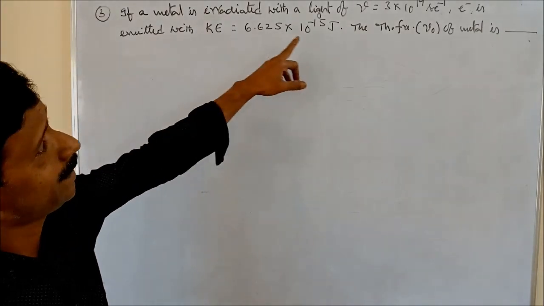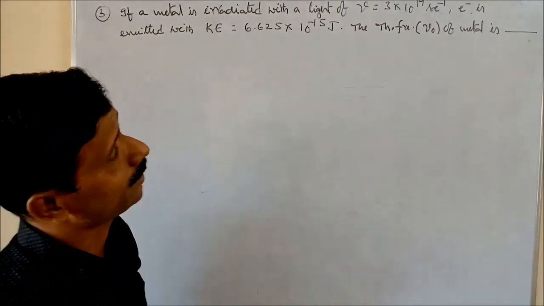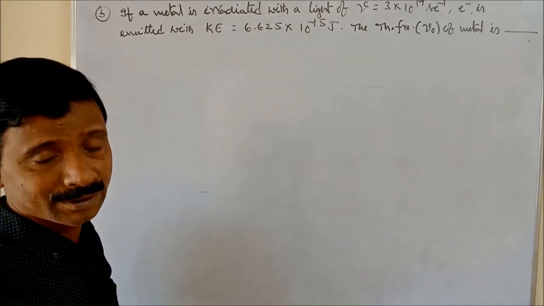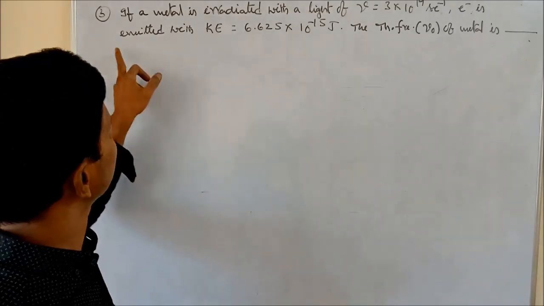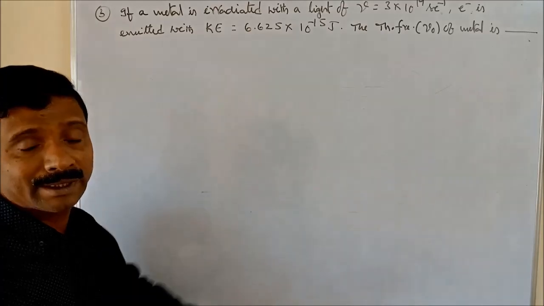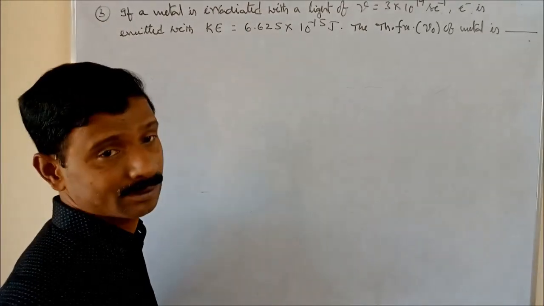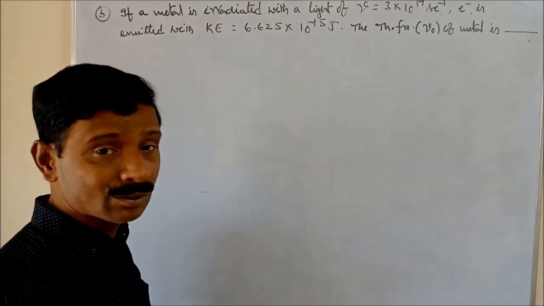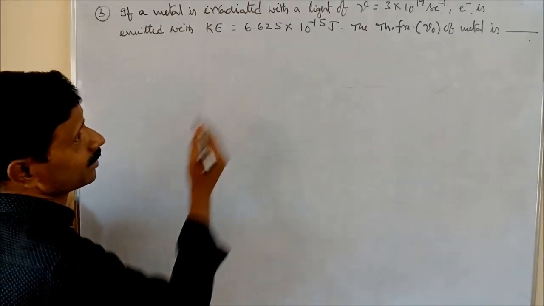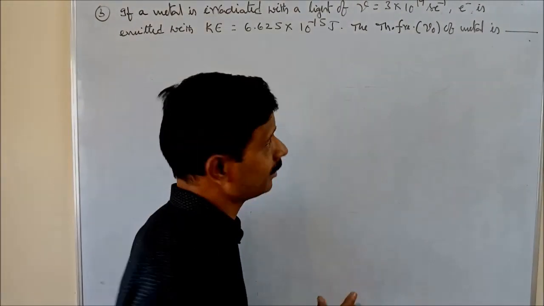If a metal is irradiated with light of frequency 3 into 10 power 19 second inverse, or hertz, an electron is emitted with kinetic energy of 6.625 into 10 power minus 15 joules. Then what is the threshold frequency of the metal? Here also I am giving the diagram for this problem.